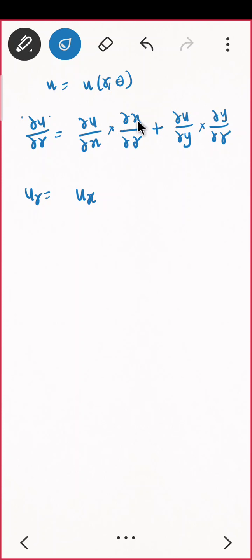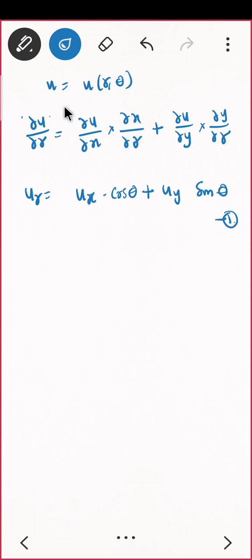What was my x? x is r cos theta, correct? So this will be just cos theta. Do you agree? Plus this will be uy, and the derivative of y with respect to r. y was r sin theta. So again, if you do so you will get just sin theta. Correct? Is there any doubt here? So you may put this as equation 1.